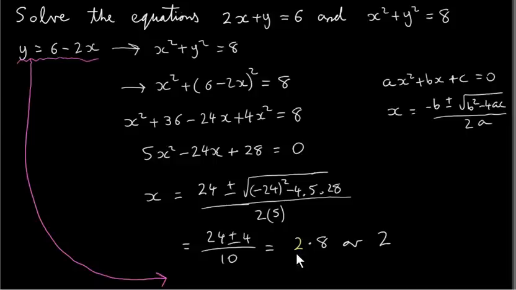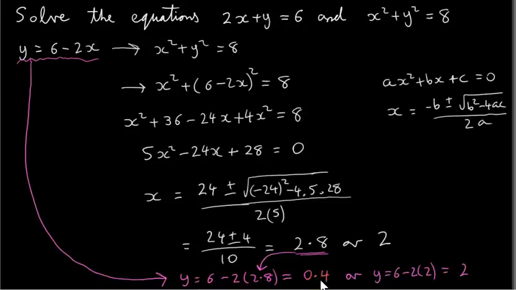So if x equals 2.8, we get y equals 6 minus 2 times 2.8. That gives 0.4. Then we plug in our second value for x, which is 2, into this expression here. So we have y equals 6 minus 2 times 2.